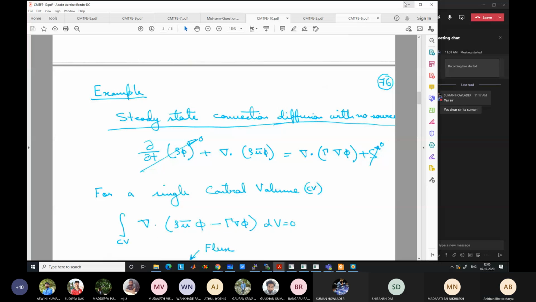So ultimately, you will again get a set of equations which you have to solve to get these unknown values. You have to solve by matrix inversion or any of the methods that we discuss later on to get these unknown values. So each of the unknown values represents its control volume.